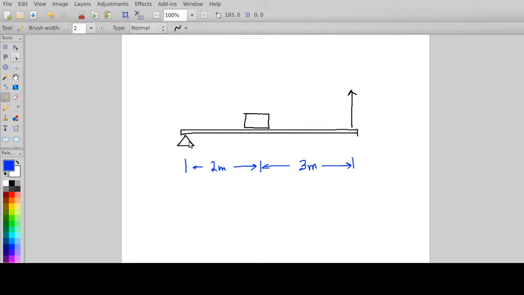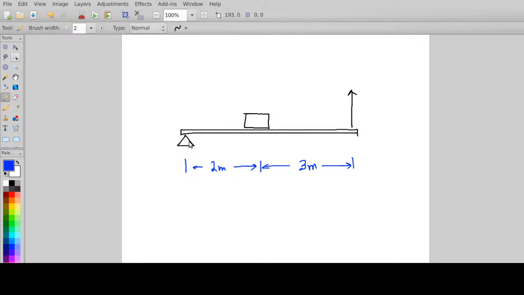Okay, so in static equilibrium, there's a few criteria that have to be satisfied. First is the sum of the forces has to equal 0. And the reason for that is if the total force isn't equal to 0, then the object will start to accelerate because of Newton's second law. But that's not enough because these are extended objects, rigid extended objects.